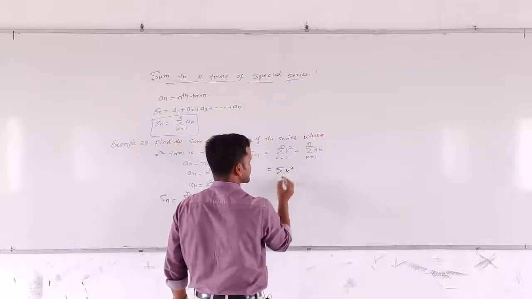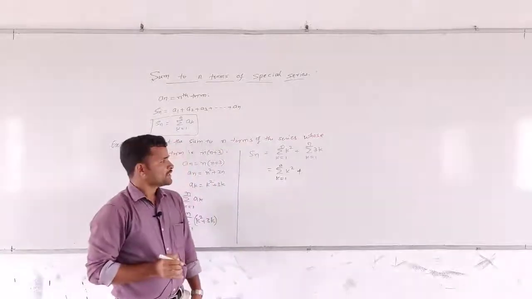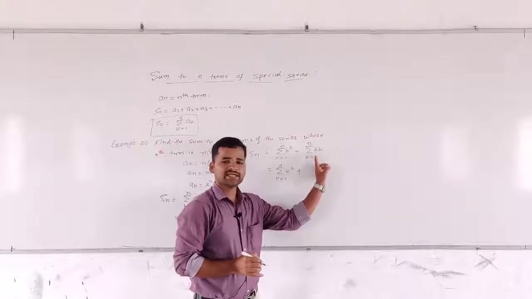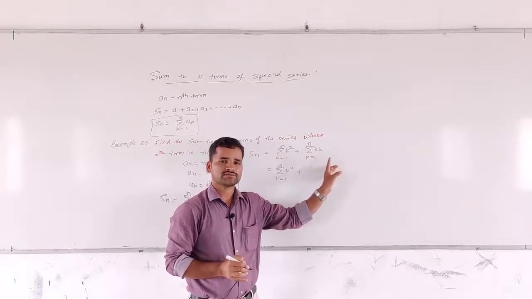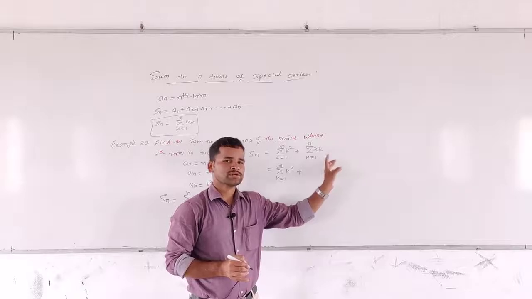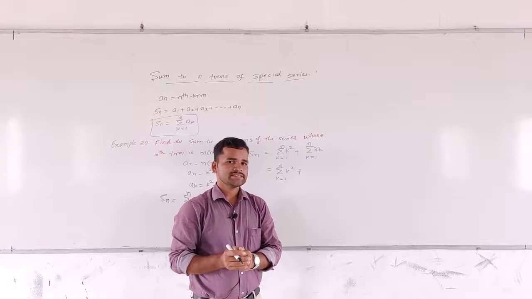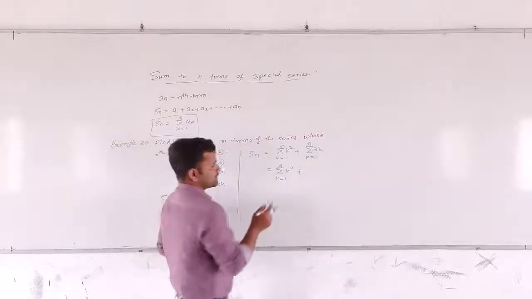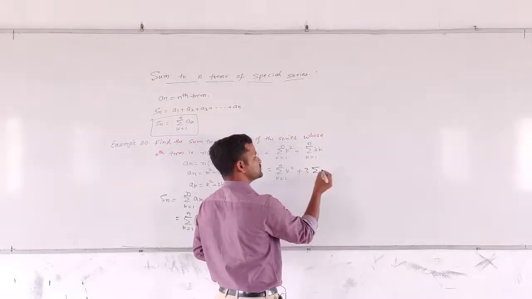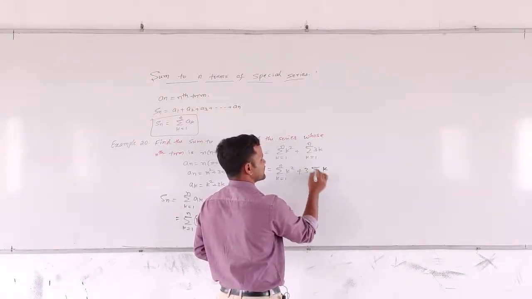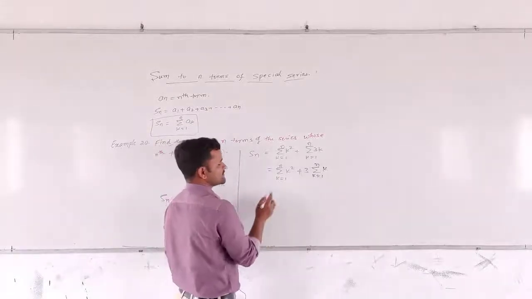Summation of 3k means 3 into 1 plus 3 into 2 plus 3 into 3 plus 3 into 4 and so on up to 3 into n. In all those terms 3 is common, so we can take 3 outside the summation symbol and write 3 into summation of k, where k varies from 1 to n.